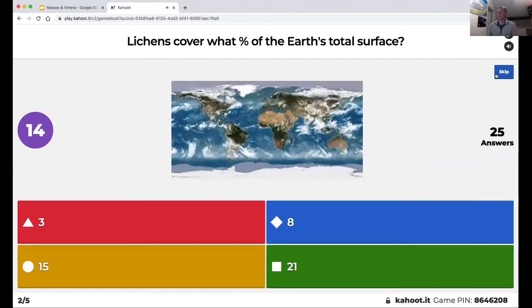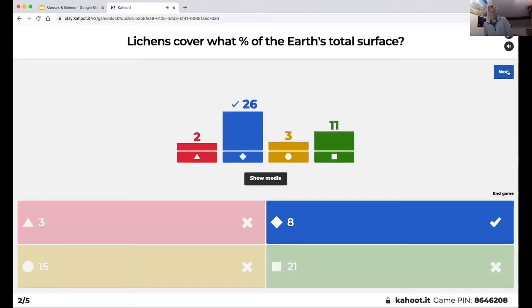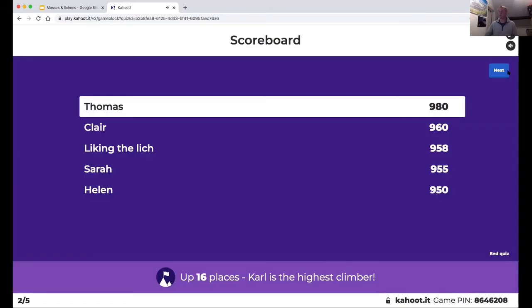You slipped in that answer early on, so you may have remembered. And it is 8%. It's phenomenal considering 70% of the world is ocean. So they cover everywhere.